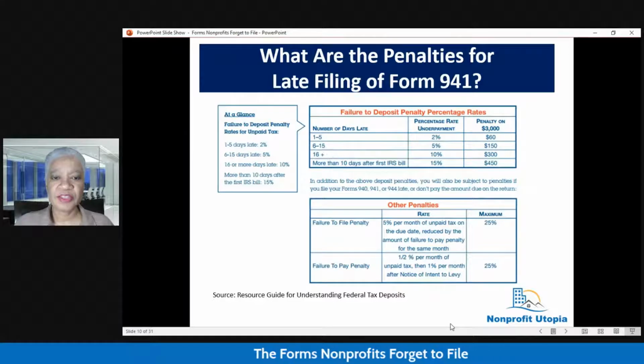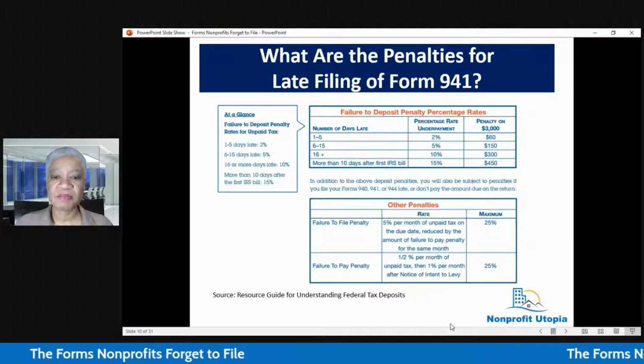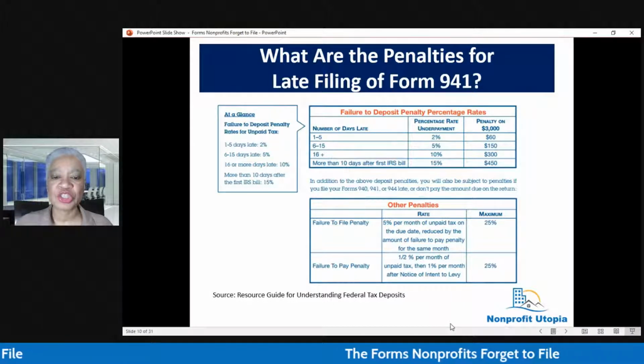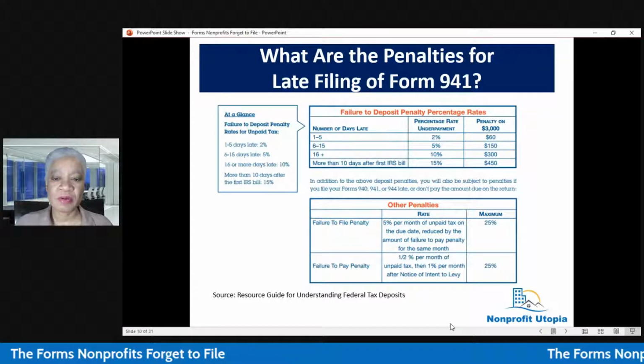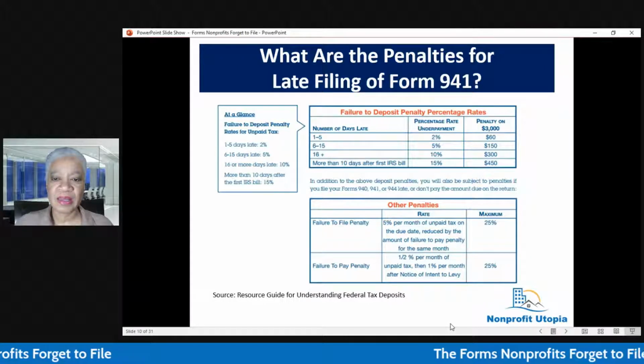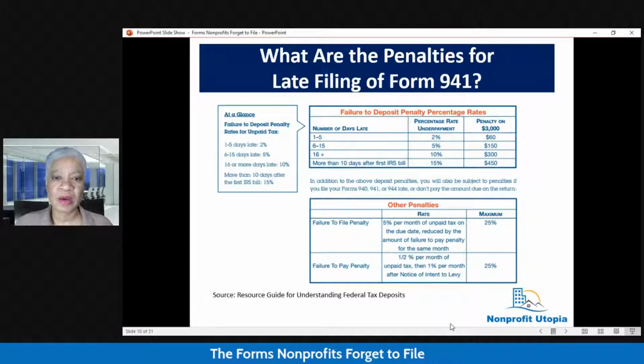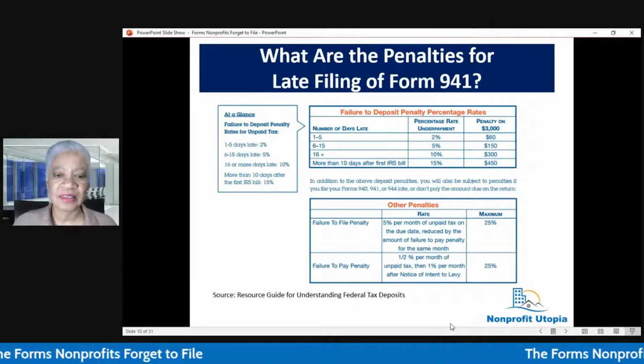So as you can see from these two charts, the penalties for Form 941 are extremely high, right? This chart gives you an example: you fail to pay $3,000 in this case.